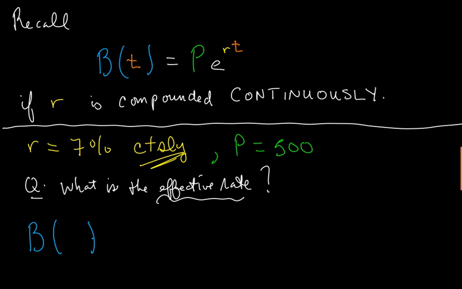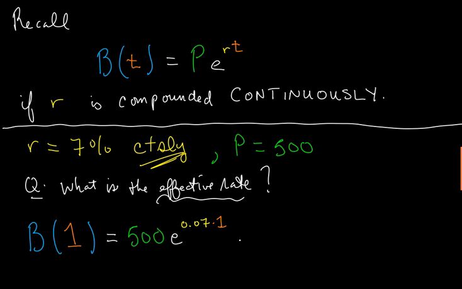This time, this is the one for continuous, if something's getting compounded continuously, and plug in t equals 1. So this is equal to 500 times e to the power 0.07, that's the interest rate, and you multiply by the number 1 because that's how much time you want to wait.